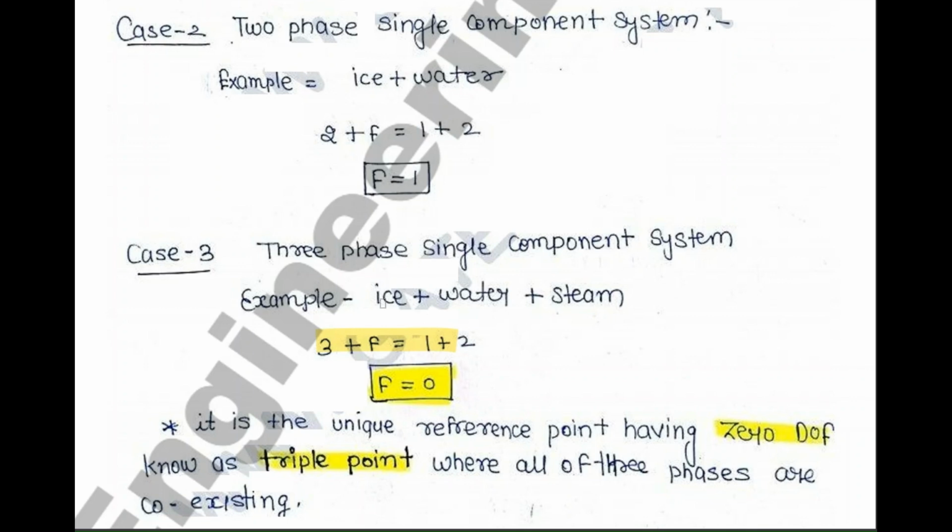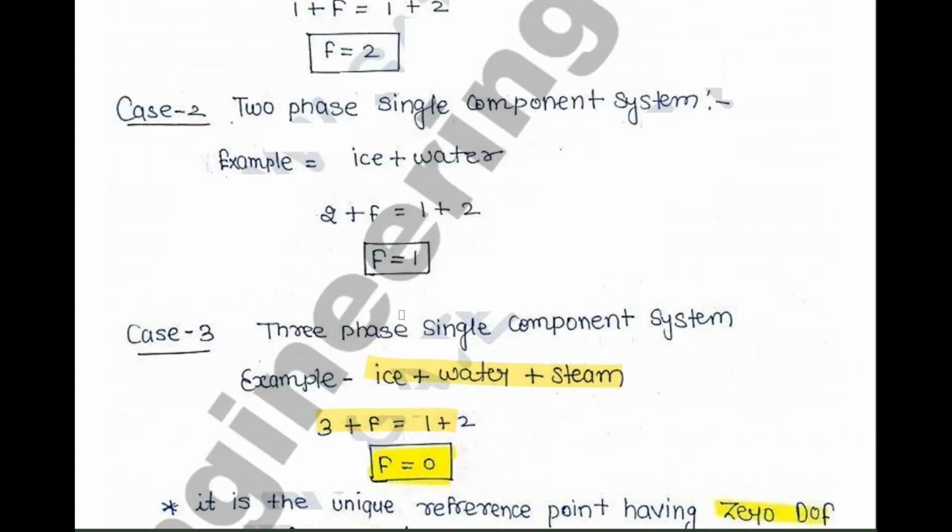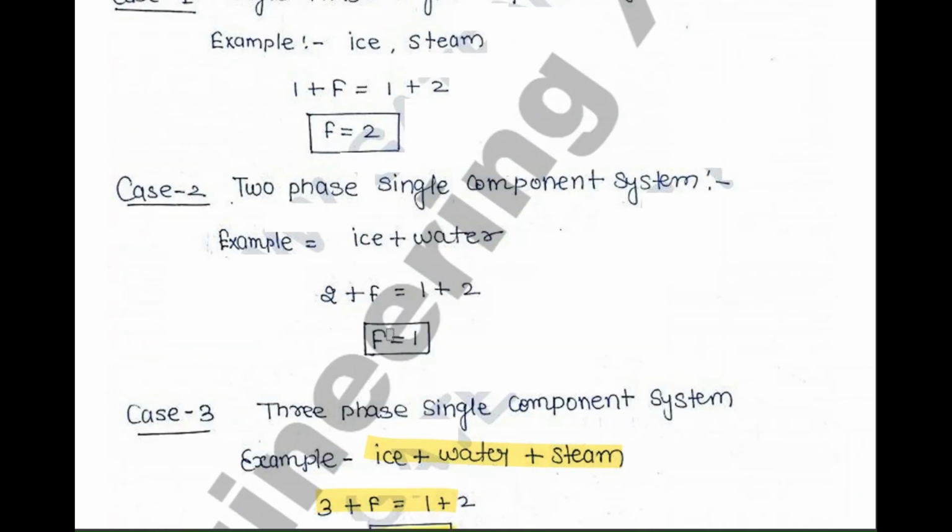So you do not need any parameter to restrict this condition, because if all three occur at the same time, it is sure to be at the triple point temperature and triple point condition. But here, ice and water can exist simultaneously. You need at least one parameter, because you might change the pressure, and then the freezing temperature will also change.